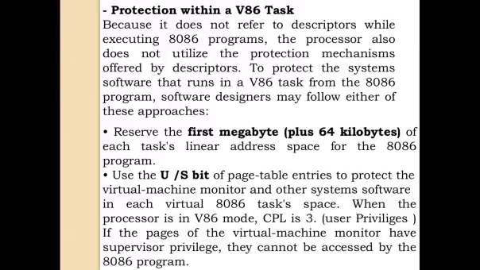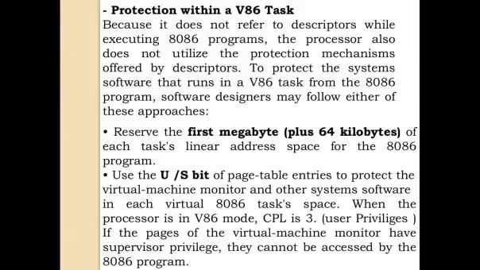Second, use the US bit, that is the user or system bit, of page table entries to protect the virtual machine monitor and other system software in each virtual 8086 task space. When the processor is in virtual 86 mode, the current privilege level is 3, so it is user privilege. As we know, there are 4 privilege levels, 0 to 3. Level 0 is the system level, whereas privilege level 3 is user level, and it is not secure as compared to privilege level 0.